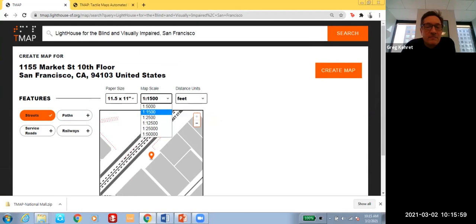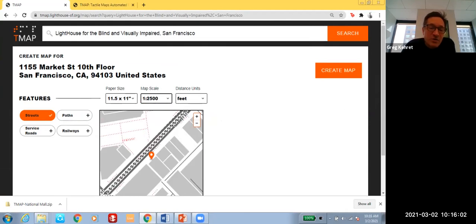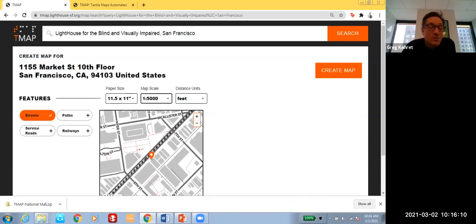1 to 2500, as we can see, is probably giving us more like about 3 to 4 city blocks. 1 to 5000, as we're zooming out, we're getting more of the neighborhood. You also notice that the maps potentially get more complex. Those are the scales I tend to use in urban areas.